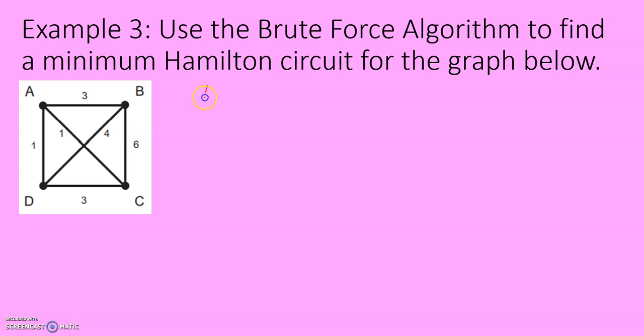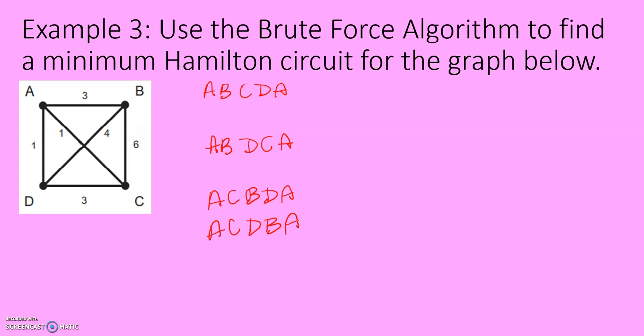So I'm just going to rewrite those Hamilton circuits: A to B to C to D to A, A to B to D to C to A, A to C to B to D to A, A to C to D to B to A, A to D to B to C to A, and A to D to C to B to A.